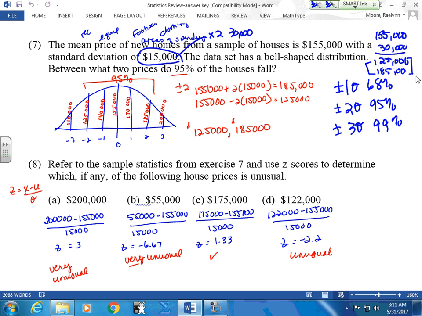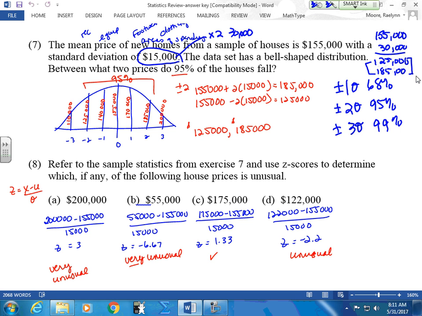Those are my prices. My chart is nice because it just gives me a visual. I like the graph because you put the mean in the middle, add your standard deviations up, subtract your standard deviations down. I just wanted you to find the z-scores using your z-score formula.